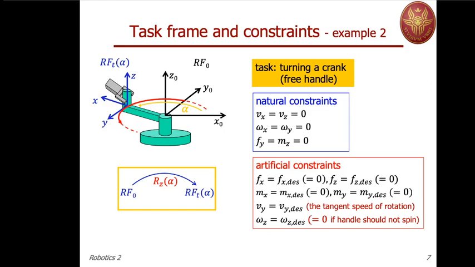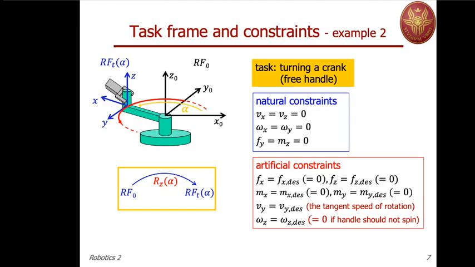Now, complementary to the 2 quantities that are among the set of natural constraints in terms of forces and moments, we will have the possibility of specifying arbitrary values for the linear speed along the y direction, so Vy desired. This is the tangent speed of rotation. If you want to rotate at 1 radian per second and the crank has a radius of 2 centimeters, we will have the product of 1 times 0.02, so 0.02 meter per second will be the speed along the tangent to the circle.